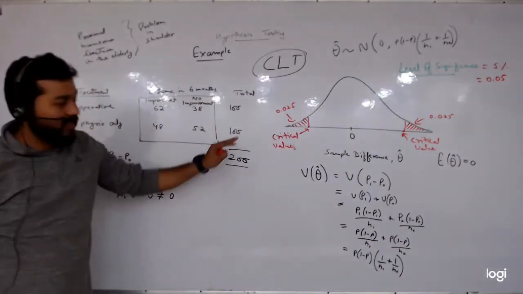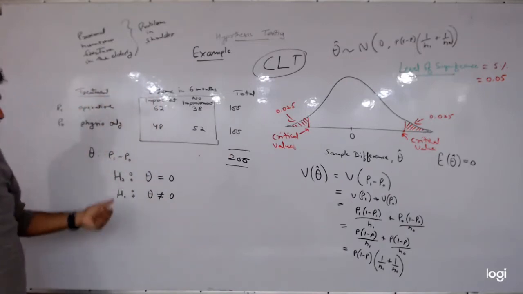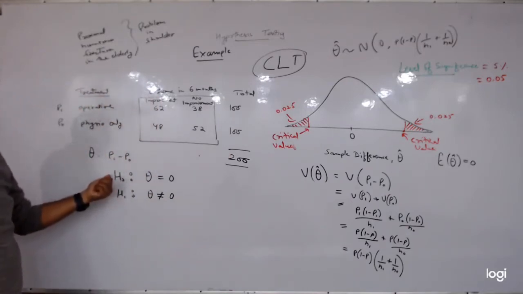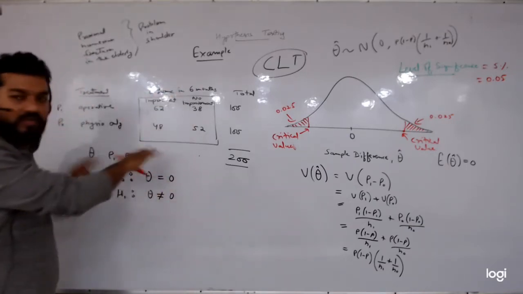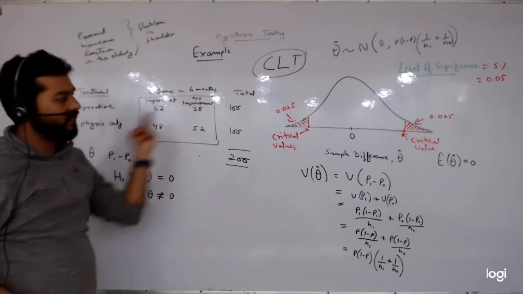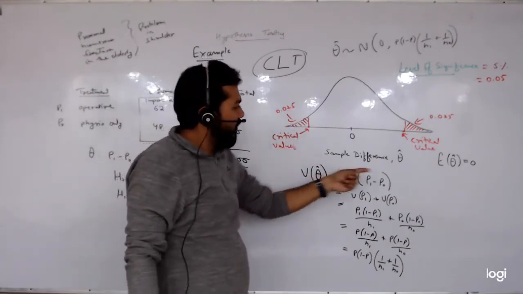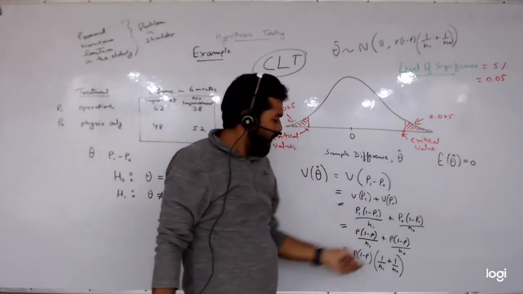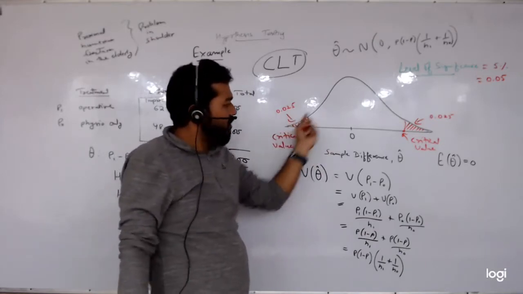Sequencing is very important. This should be in this very sequence. You figure out what your null hypothesis is, what your alternate hypothesis is, then you figure out the distribution. We say that this would follow binomial. If our sample is large enough, this is going to follow normal. Then we figure out the parameters of this distribution so that we can draw it.